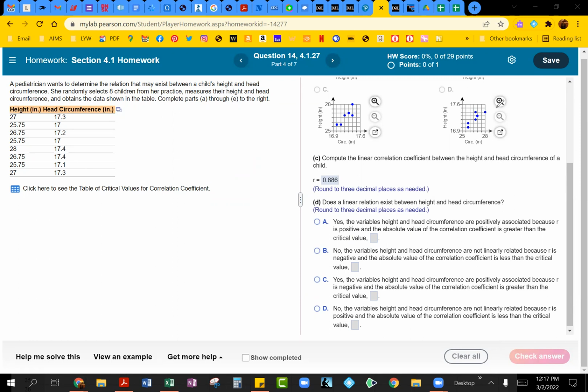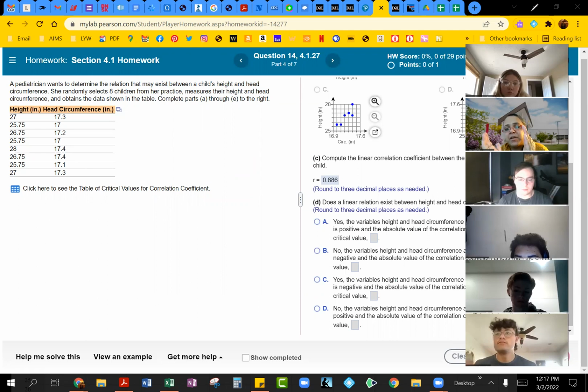The value of R, the correlation coefficient, can go anywhere from -1 to 0, 0 to +1. The closer you are to 1, we're saying there's a positive correlation. The closer you are to -1, we would say that's a negative correlation. And the closer you are to 0, we would say there's really not a whole lot of correlation because you're scattered all over the place.